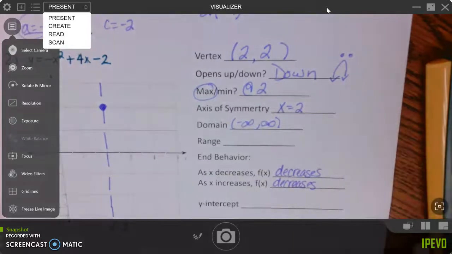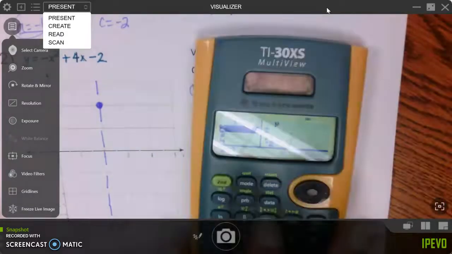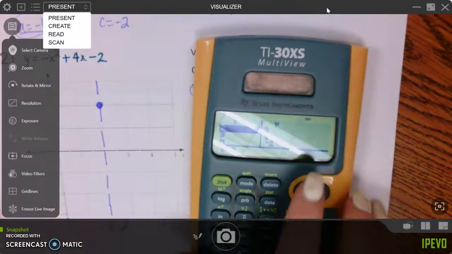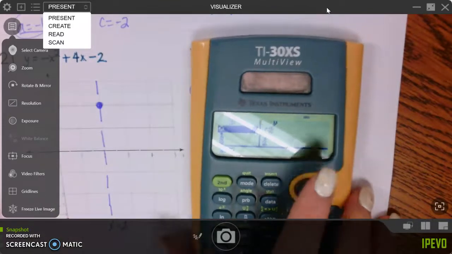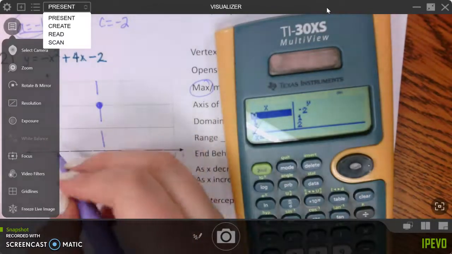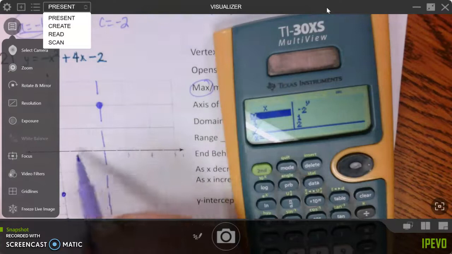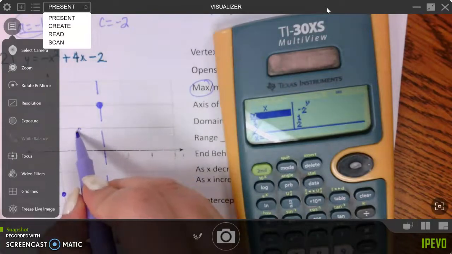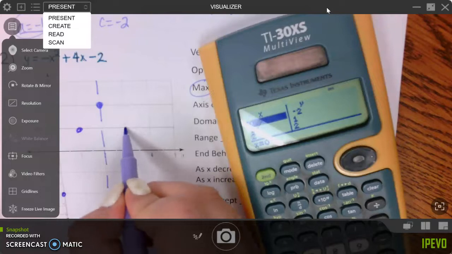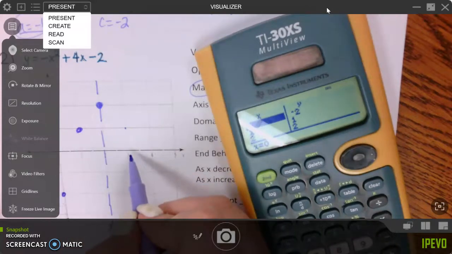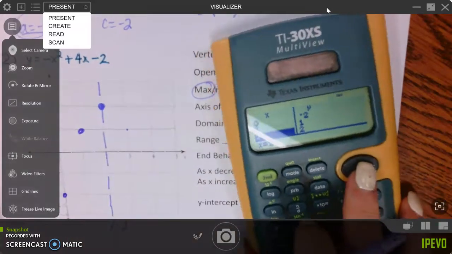Okay, so now let's plot our points. Remember, we want 2 points to the left, 2 points to the right. So looks like we have 0, negative 2. And then looks like we have 1, 1. So if we did that correctly, we should have a point here at, what is that? 3, 1, do we?